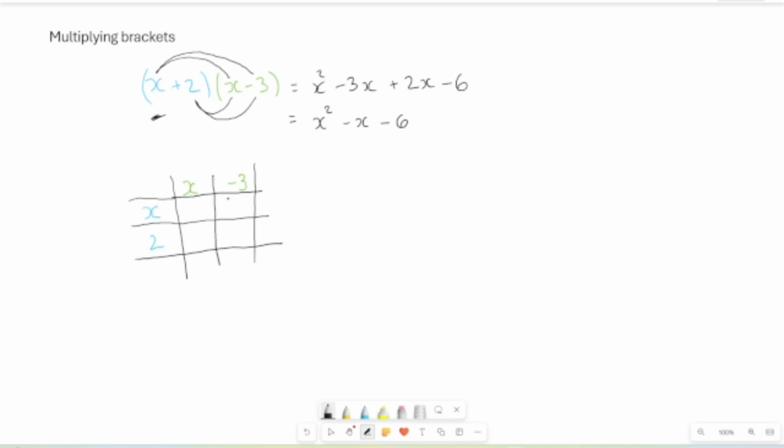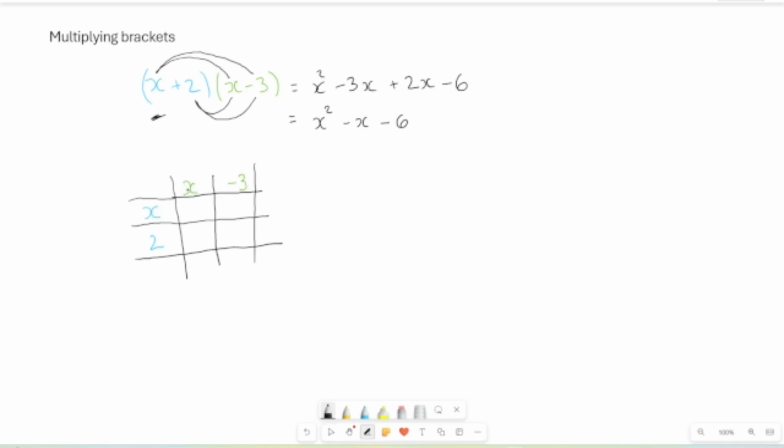We've got 4 squares in the middle, and it allows us to do multiplication in the same way as we did when we did the lines over the top, but we don't need to do the lines. We've just got a cell in our grid for every element in one bracket times every element in the other.